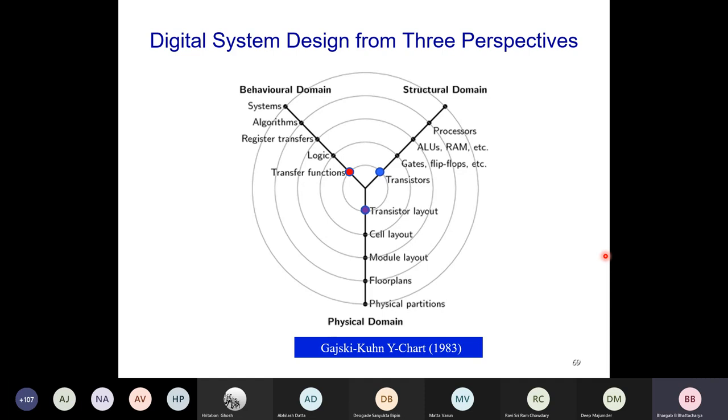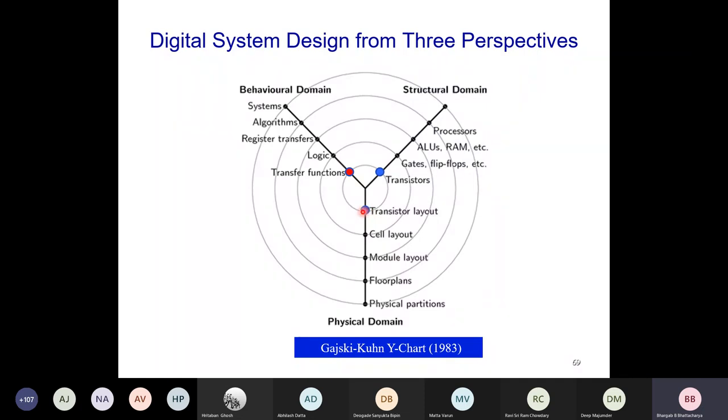At the bottommost level, for example, you have transistors. Structurally, when you are talking about components, you have transistors. But when you talk about implementation, how the transistor is implemented on a silicon chip, you have different layouts. You have a diffusion layer, polysilicon layers, layers one after another.